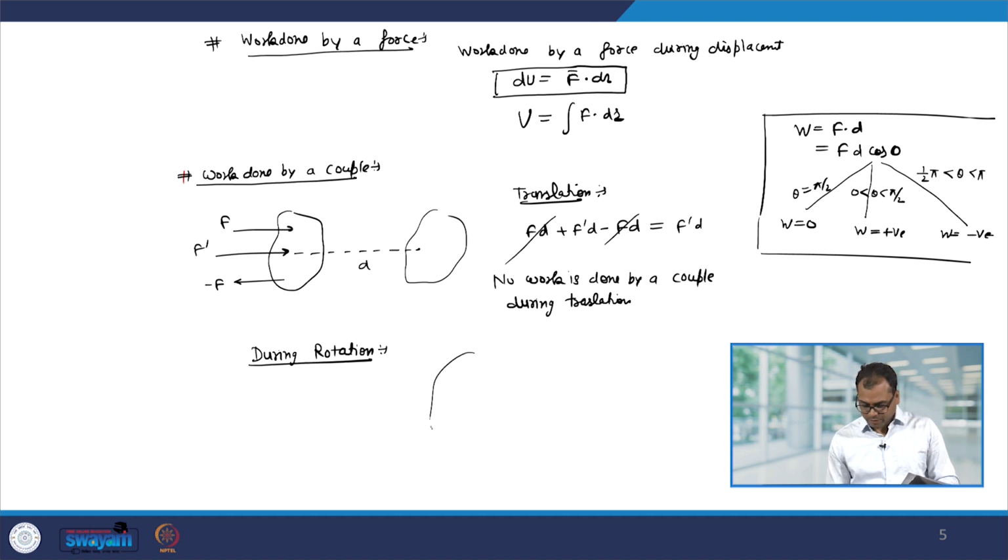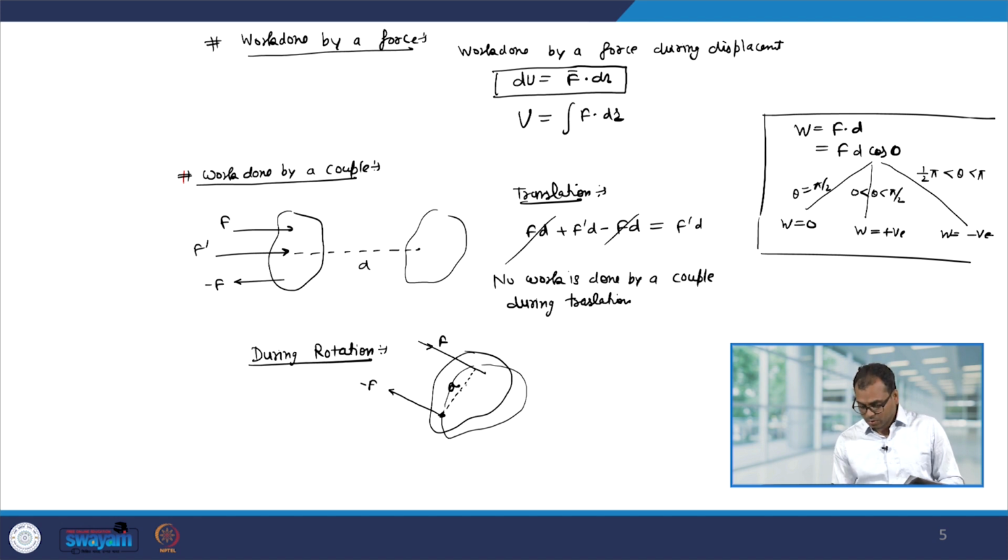So, we have a rigid body, and on this rigid body, let us say a couple is acting. So, you have minus F and you have plus F, and let us say the distance between them is A, and because of this the body is going to rotate. So, let us fix our axis at minus F, and this body rotates.